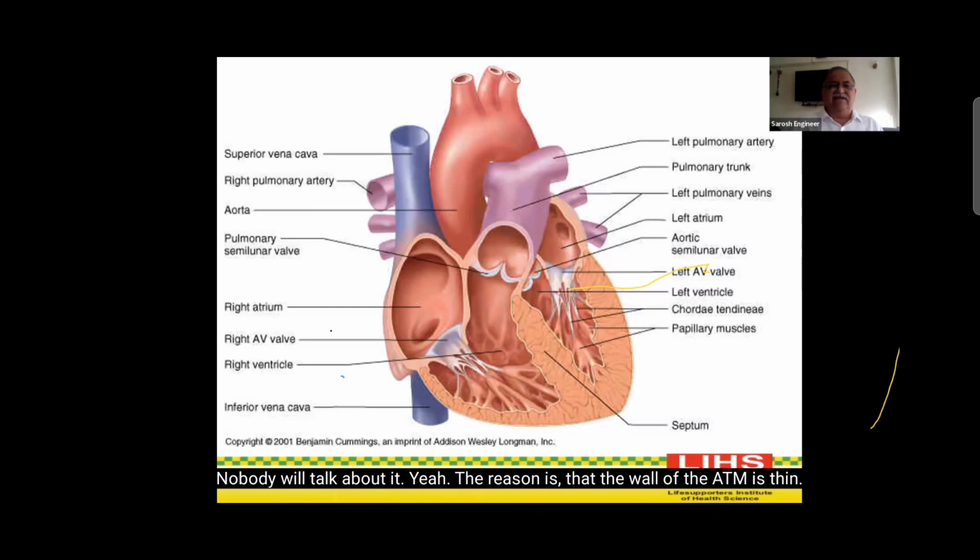The reason is that the wall of the atrium is thin compared to the wall of the ventricle. The wall of the right ventricle is 3 times thinner than the wall of the left ventricle. Okay.